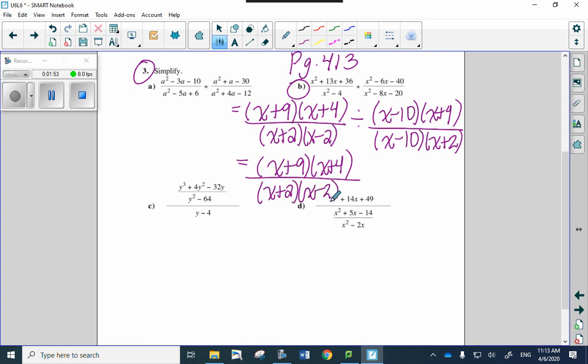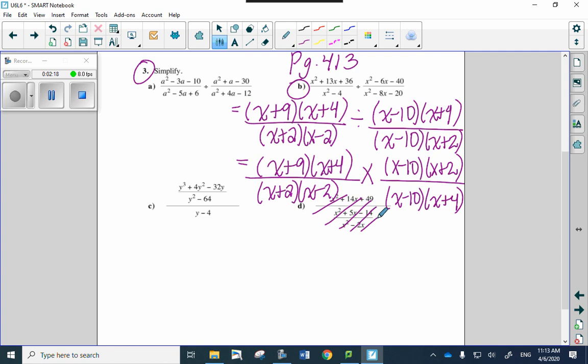I'm going to flip the second fraction, so this is going to be x minus 10 times x plus 2, all divided by x minus 10 times x plus 4. And then my division symbol in the middle is going to now become a multiplication sign. Okay, just ignore this part D, because I'm going to just continue writing downwards.